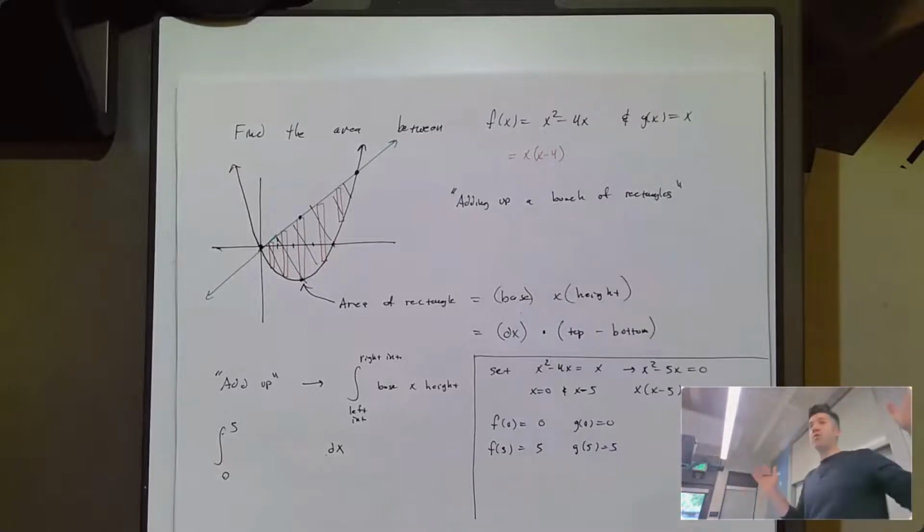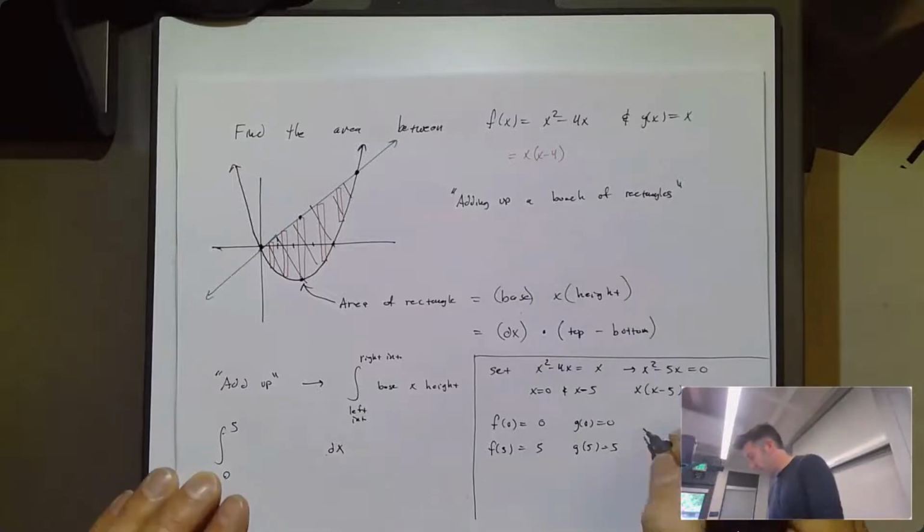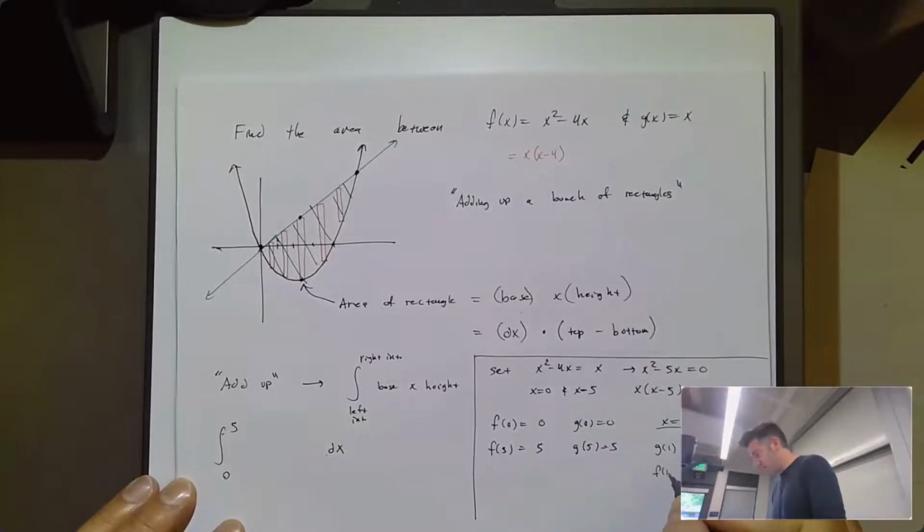So anywhere between 0 and 5, since they don't cross each other again, one of them always has to be larger. And the way you can figure out which one's larger is to pick a test point. Pick any point between 0 and 5. I'm going to pick 1. If I pick x equal to 1, I can see that g of 1 is 1, and f of 1 is 1 minus 4, which is negative 3.